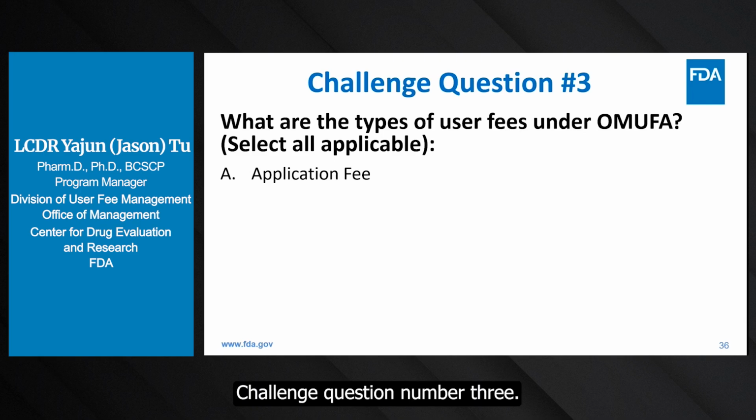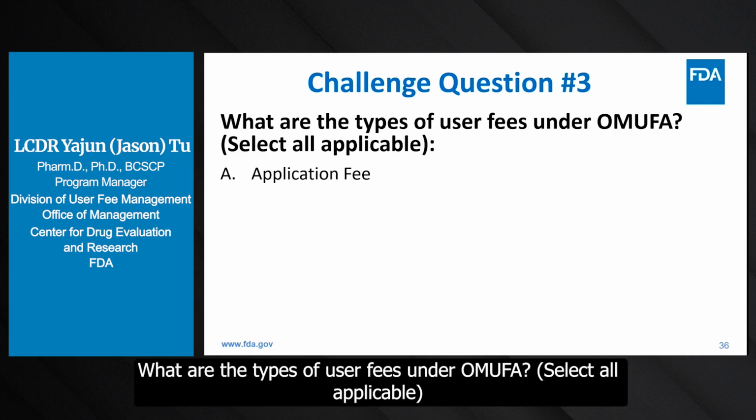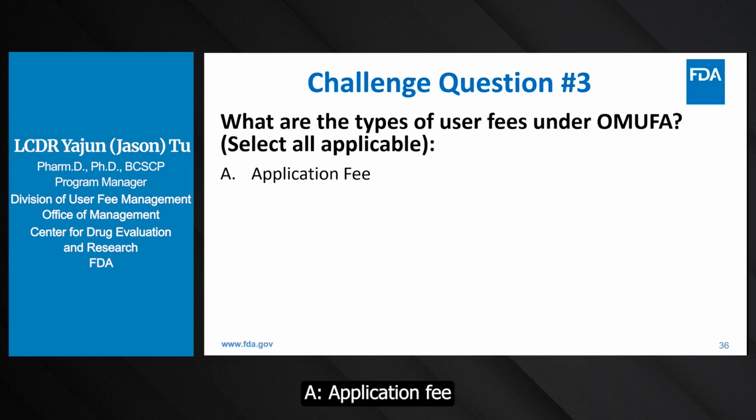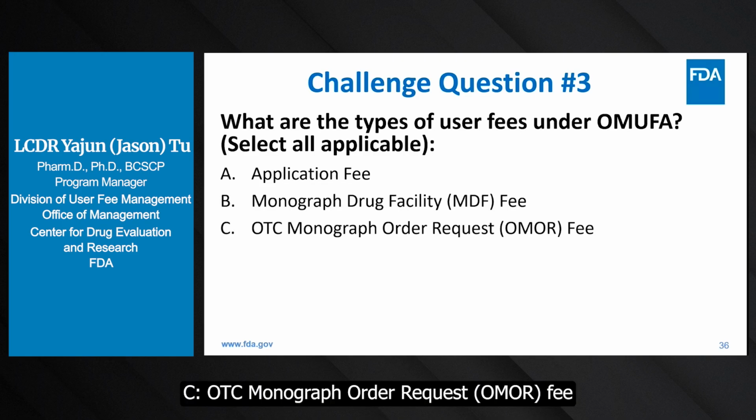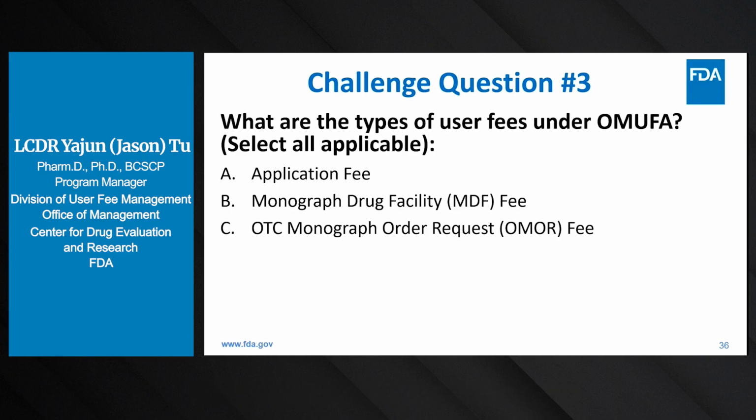Challenge question number 3. What are the types of user fees under OMUFA? Select all applicable. A. Application fee. B. Monograph drug facility or MDF fee. C. OTC Monograph order request or OMOR fee.